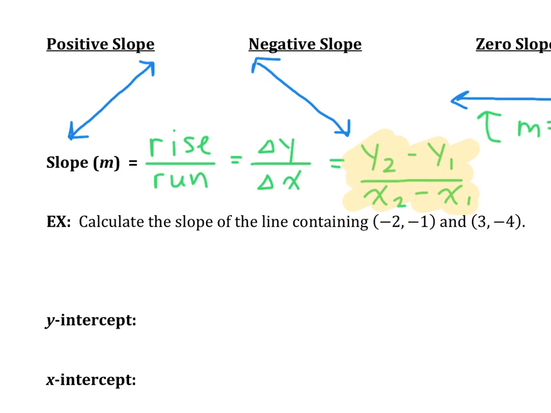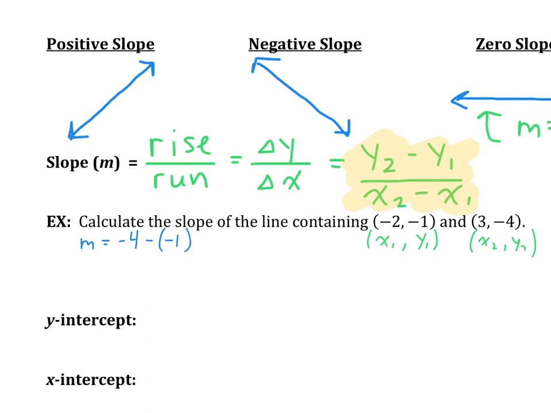Okay, let's move on and actually calculate the slope of the line containing those 2 points. So this is just where we are plugging into our slope formula. So hopefully this doesn't take too long and we are all comfortable doing so. So we can call this our x1 and our y1 values, and we can call this our x2 and our y2 values. So quick refresher there. So if we're calculating our slope, we get m is equal to our y2, -4, minus our y1.